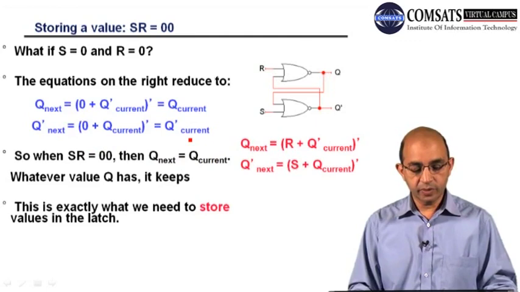Here Q bar next is Q bar current. So it means there is no change. At 0, 0 there is no change. We will have the same state, that is the current state. So on 0, 0 we have no change and the value will be retained.